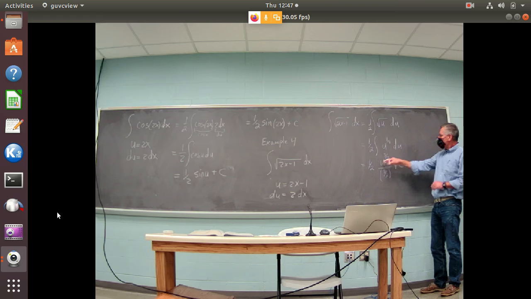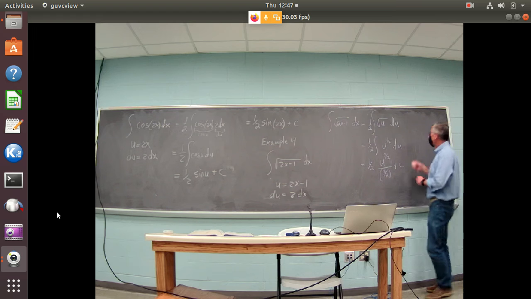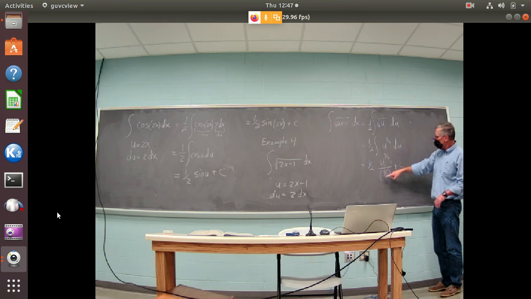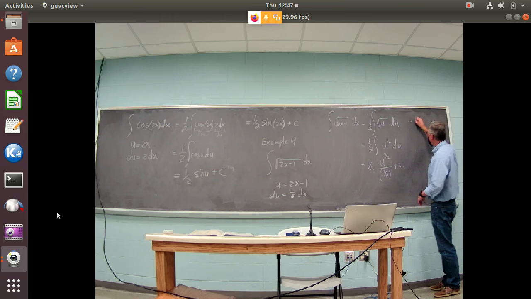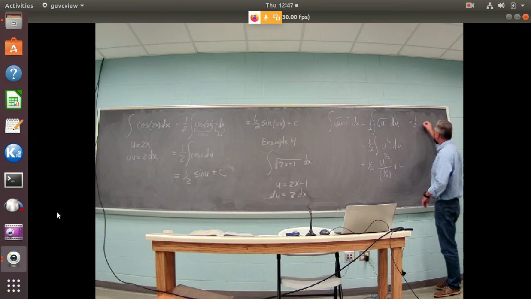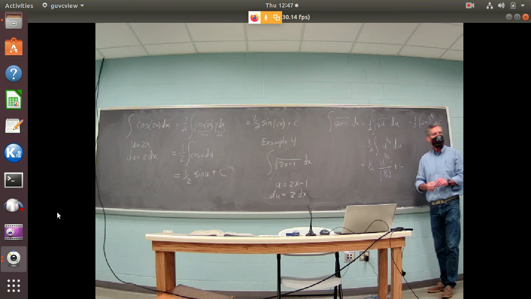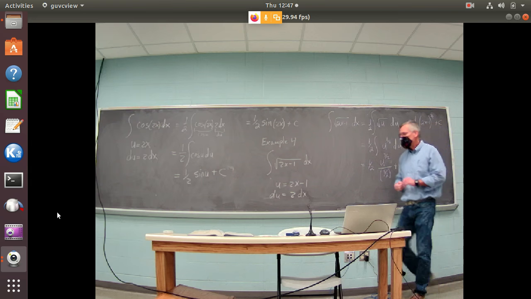And so now I can do some simplification and put my 2x minus 1 back in there. So let's see, invert and multiply, so I'll get 2/3 times 1/2, that's 1/3. So I'll have 1/3, and then 2x minus 1 to the 3/2 plus c. Okay, any questions on that?